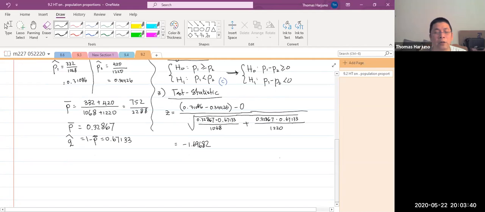Now, everything after this is the way we did it before. So step 4, the p-value. That's a left tail, right? This is Z equals negative 1.69682.